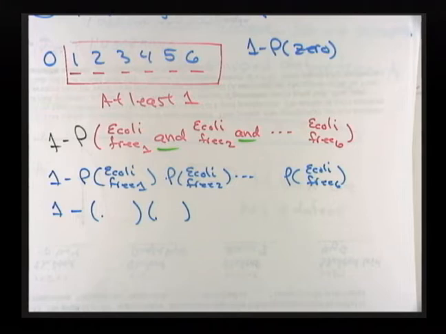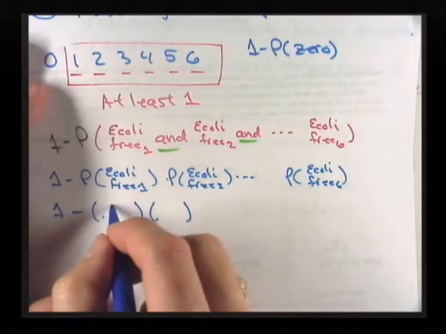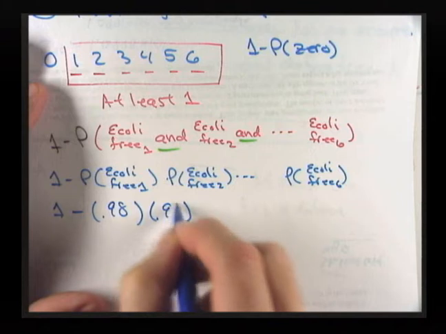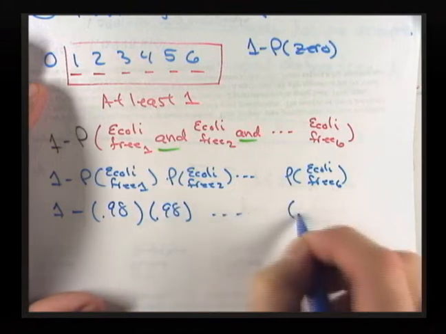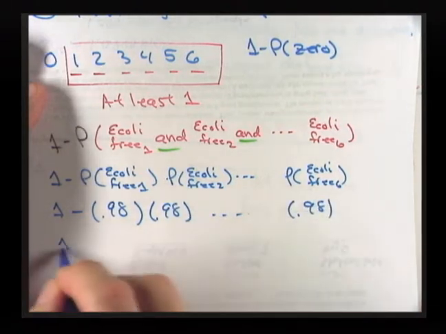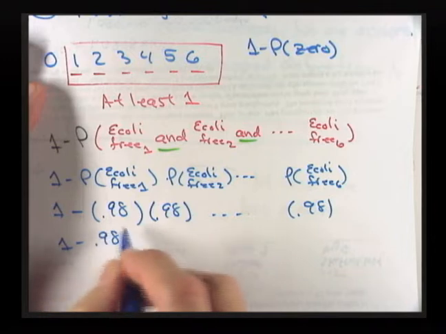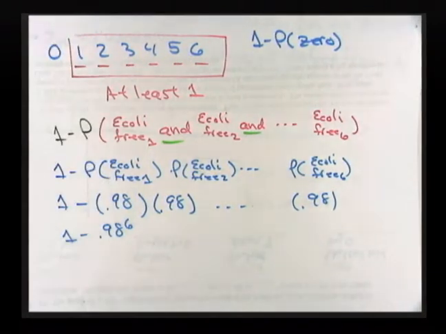But what does it mean? What does the 2% signify? The percent chance of having E. coli. But we want the percent chance of them not having E. coli. So what's that percent chance? 98. So basically it's 1 minus 0.98 to the 6th power.